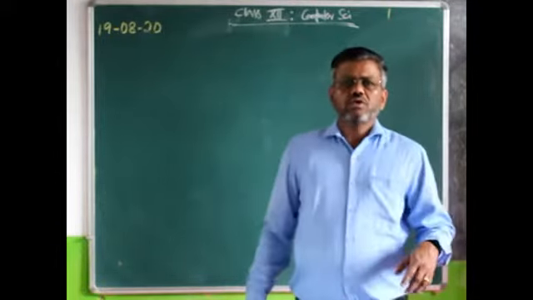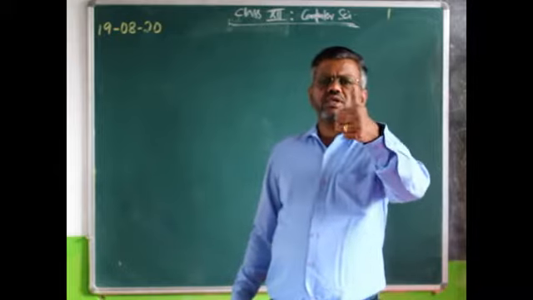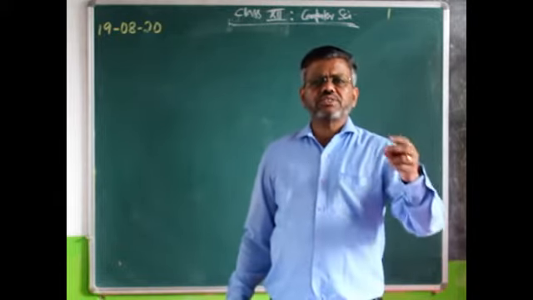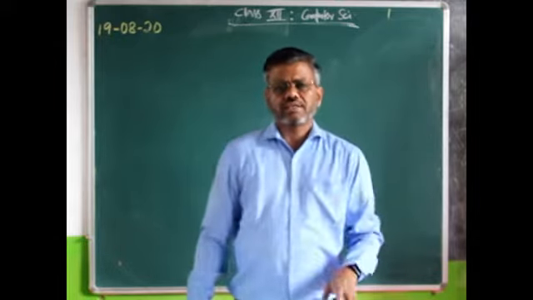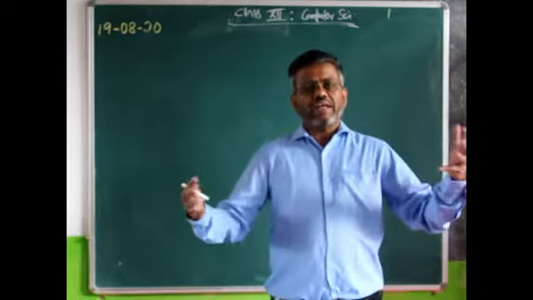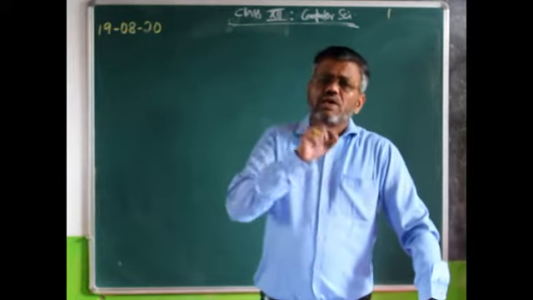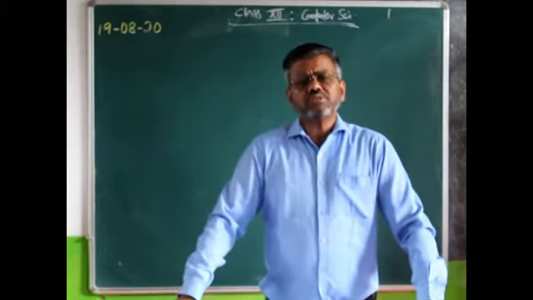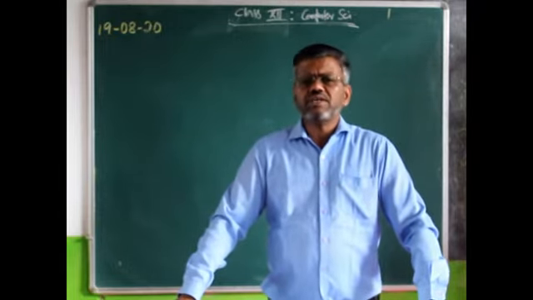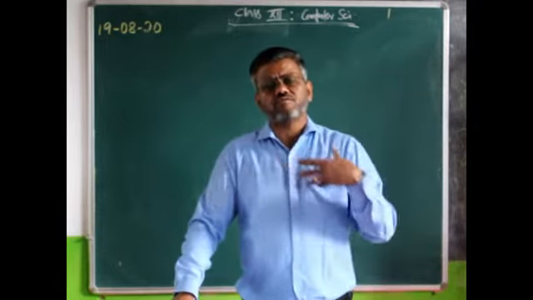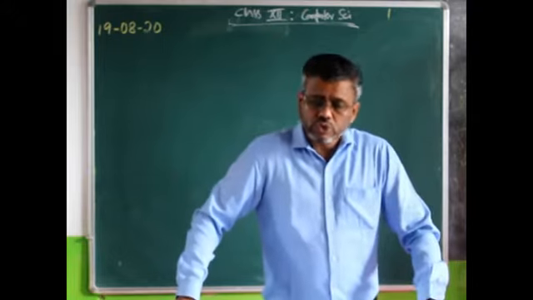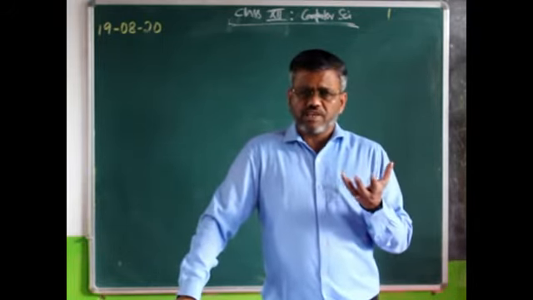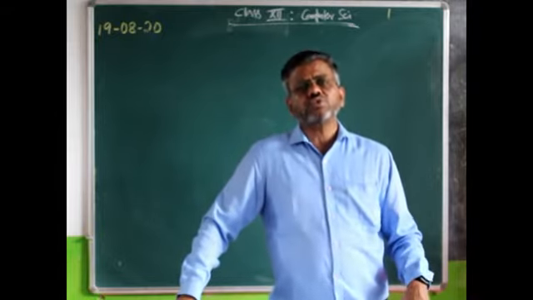If I want 2 variables, I can use X and Y. If I want 10 variables, I can use A, B, C, D, E, F, G, H, I, J. If I want to handle 100 values, will you write A, B, C, D, E, F like this? It's a cumbersome job. It's very difficult for the programmer to remember which variable was used. Whenever you use a huge amount of data, you are advised to use the array.